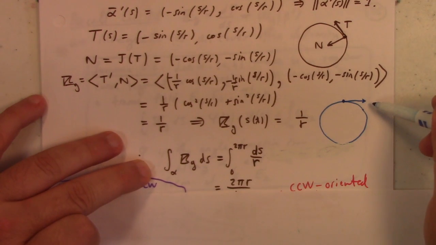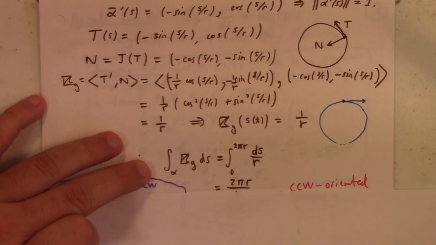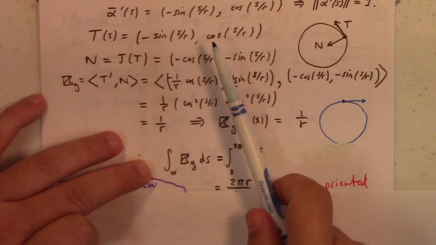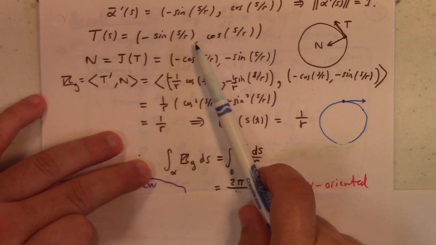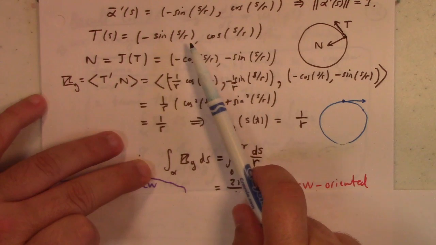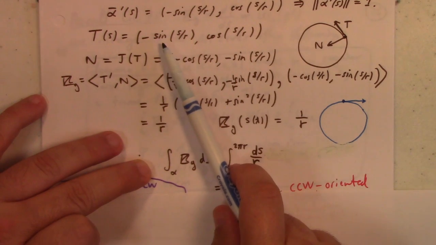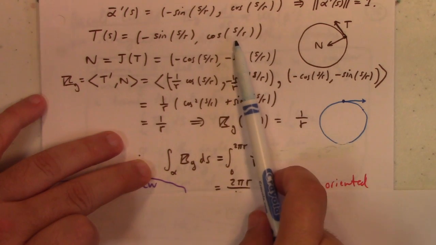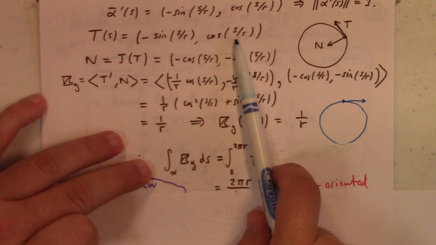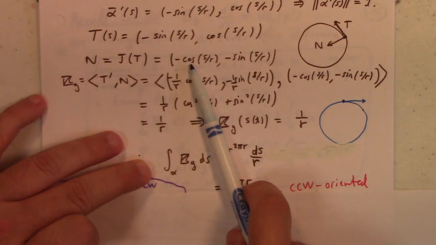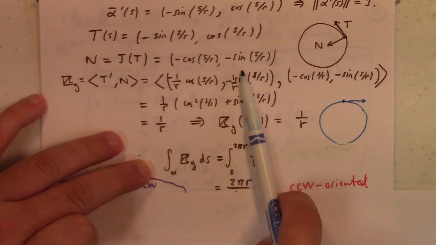This would be clockwise. Basically, we could think of replacing the arguments with minus the arguments. That just makes it sine, cosine, and so when you rotate, you end up with, I think, minus cosine, plus sine.